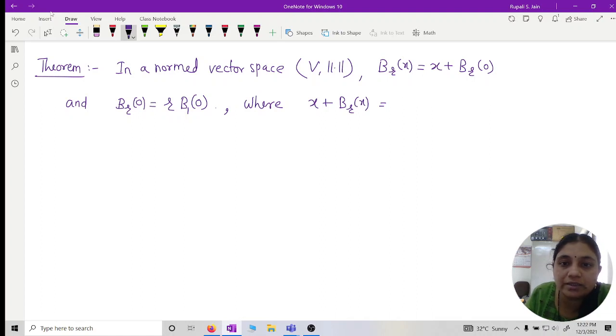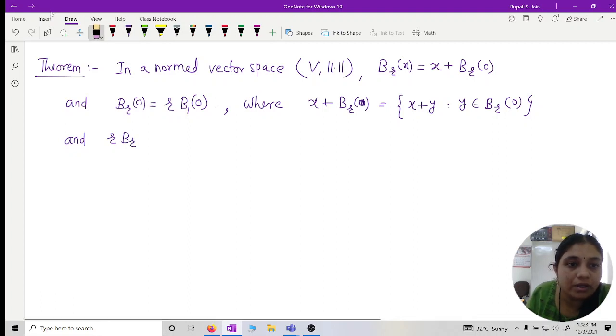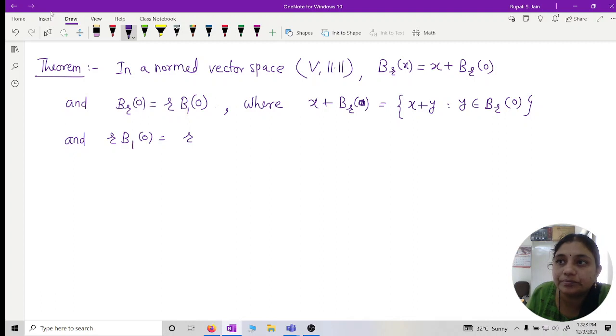So x plus B_r at 0 is nothing but the set of all x plus y such that y belongs to B_r at 0, and r times B_1 at 0 is nothing but the set of all r times y such that y belongs to B_1 at 0.